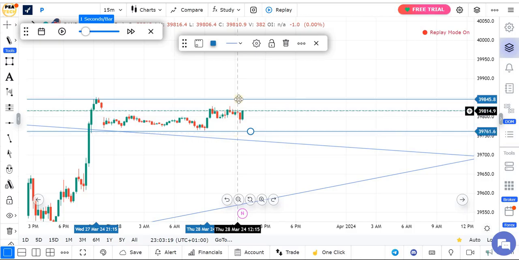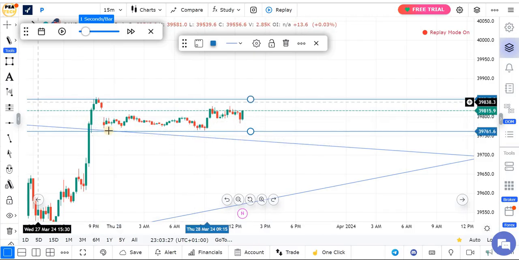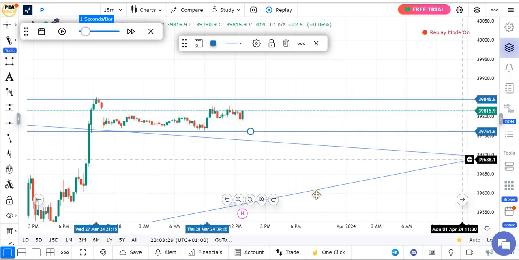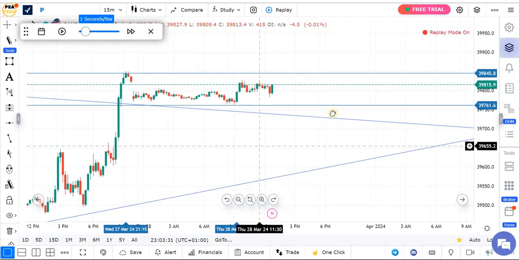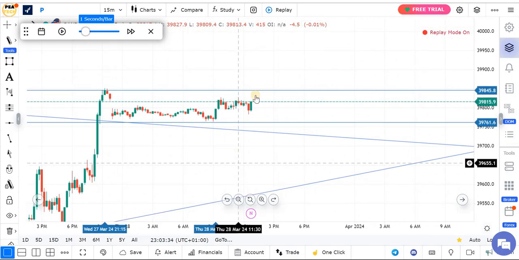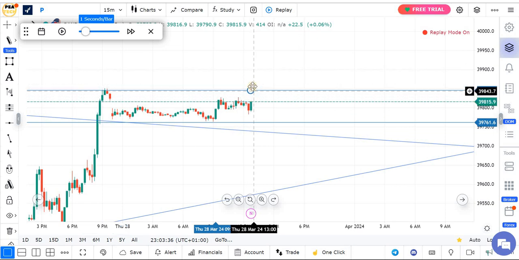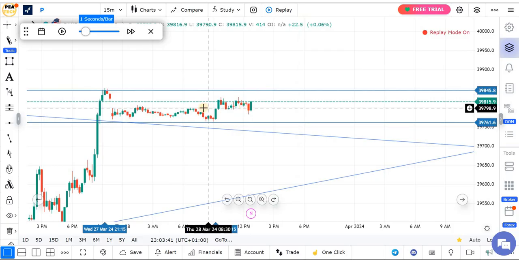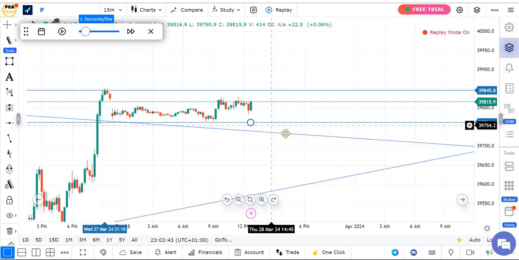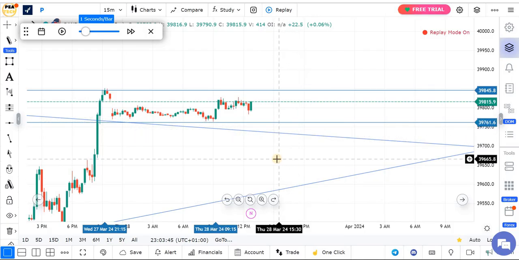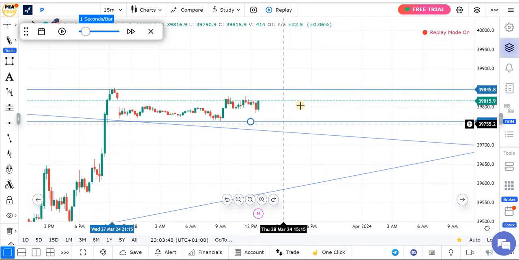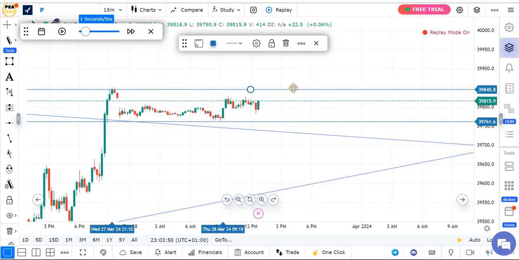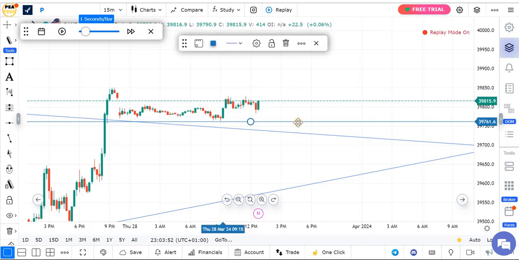We are in between this range, and this range is respecting the trend line we drew, and this is the bigger trend line. What we want to do is wait to see if this breaks out and gives us a buy confirmation, then we follow this upward. But if it breaks below and gives us a sell confirmation, then we are selling downward, right? But let's delete all this and leave only the trend.